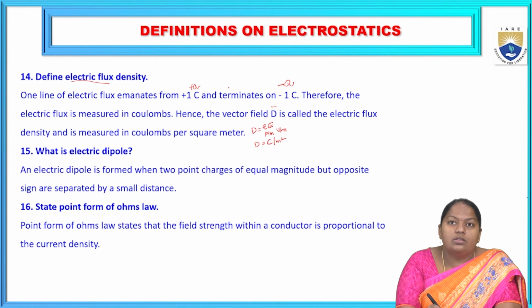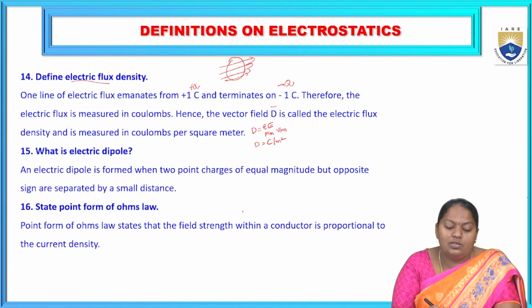Electric flux passing through a given area: the total number of lines of force passing through a given area is said to be electric flux density, and the relation between flux density and field intensity is given by D equal to epsilon into E. D is the electric flux density, measured in coulomb per meter square, where E is the electric field intensity.